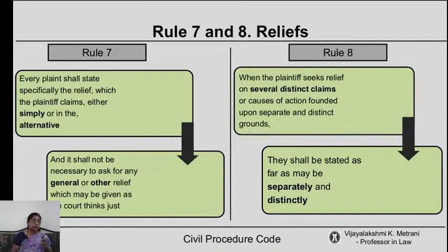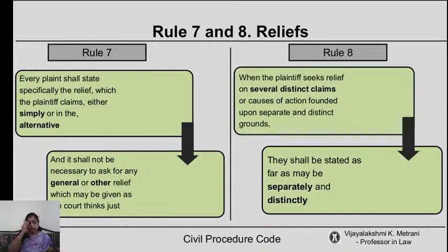See, as I said in the beginning when we were discussing the jurisdiction, suppose he asks for a certain amount of money, the court need not give him only that amount of money. The court can give him even more, even if it is beyond the filing jurisdiction which you have filed on the basis of the pecuniary jurisdiction. The amount which is granted may be more than that. Okay, that doesn't decide the jurisdiction. Jurisdiction is decided by the amount of the value of your suit.